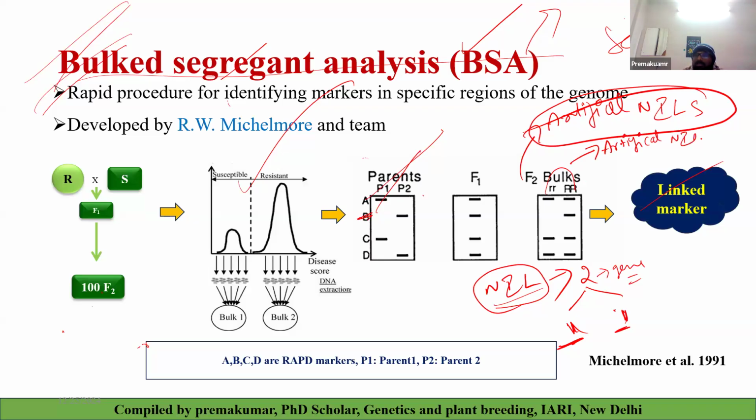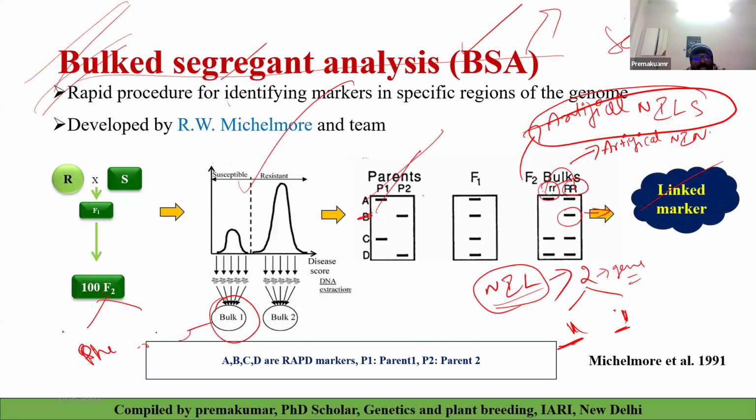Artificial NILs means, between the bulks, whatever polymorphic markers you are going to get, because we are creating the bulks based on the phenotype. Means we are doing extreme phenotyping.